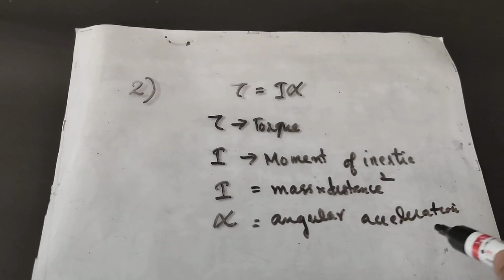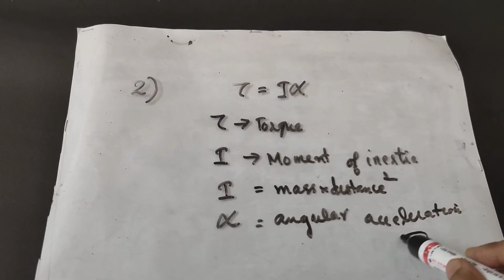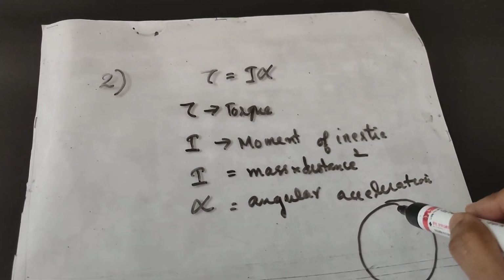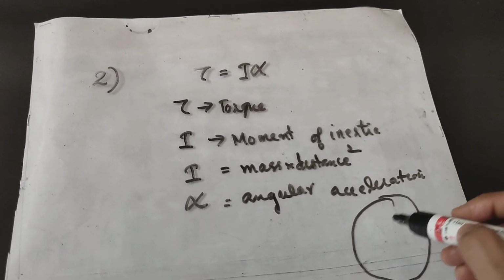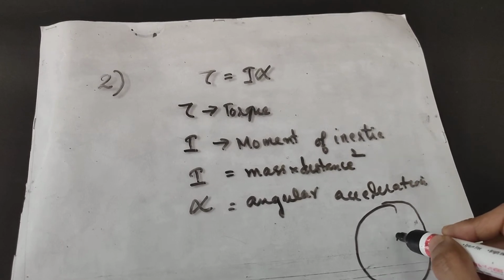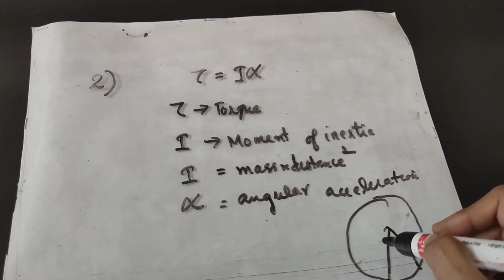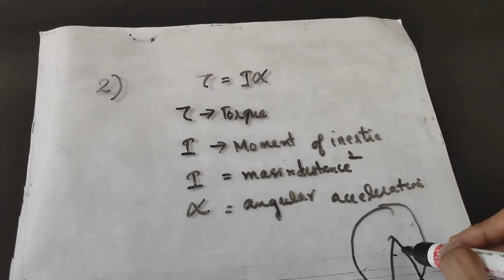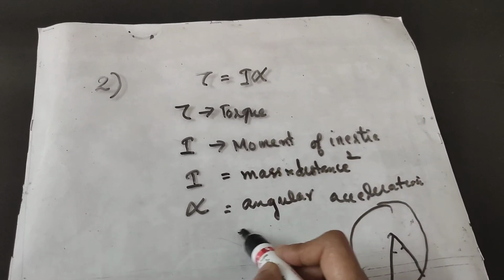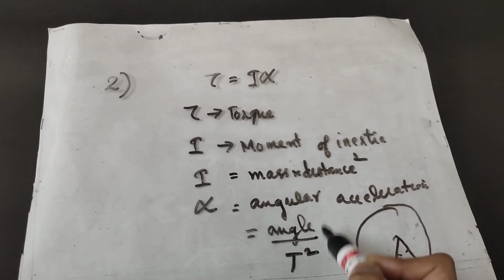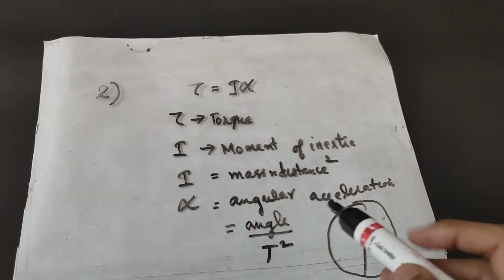Angular acceleration means when an object moves in a circular path. It is moving, so it has acceleration. And here we can find an angle when it moves in a circular path. There is an angle subtended here, and angle divided by time square will give you angular acceleration.